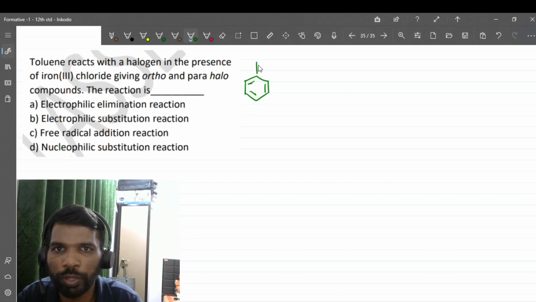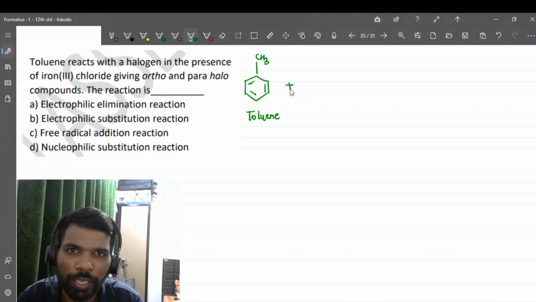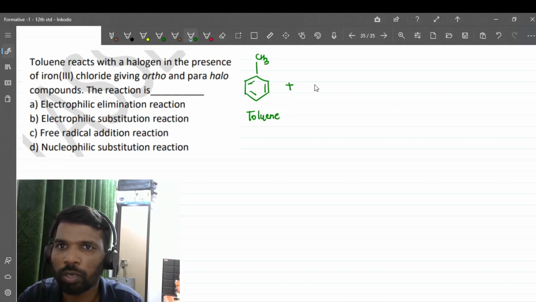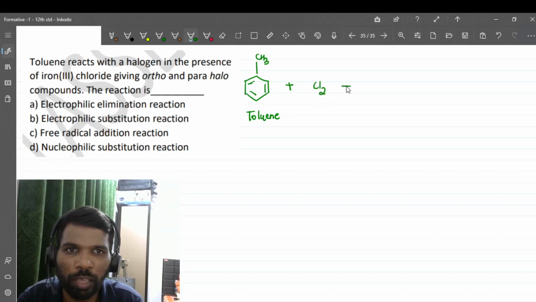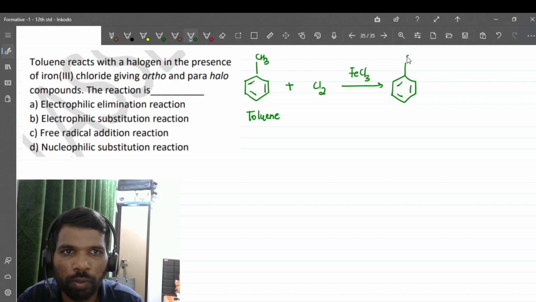This structure I have written is toluene. It is reacting with a halogen. Let's say chlorine it is reacting. If it is reacting with chlorine in the presence of FeCl3, the product will be this, Cl.